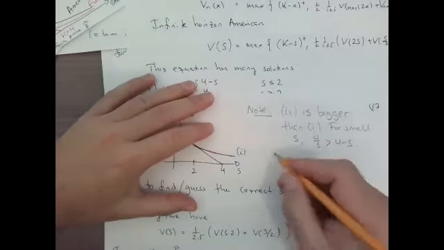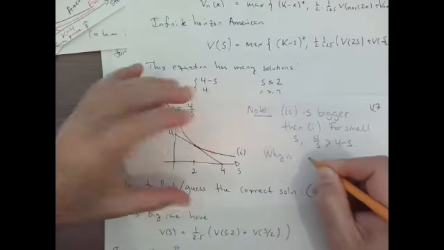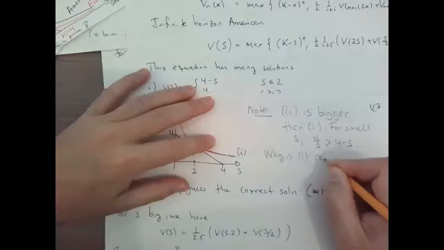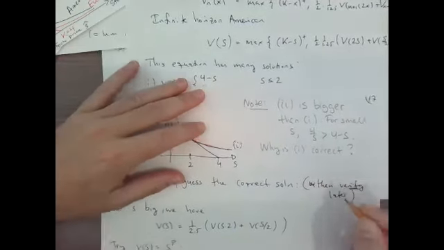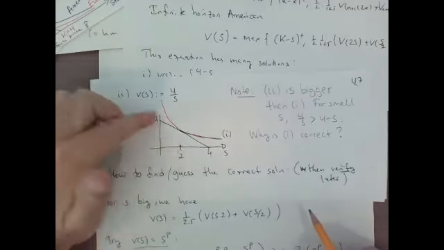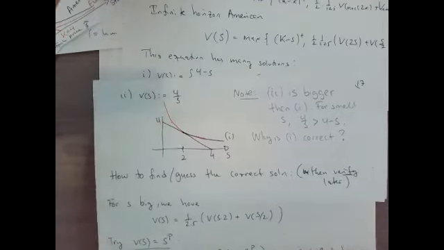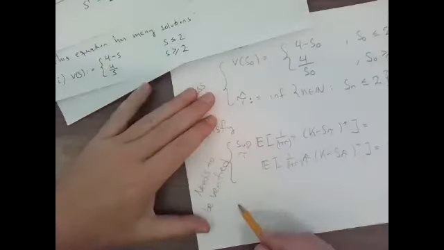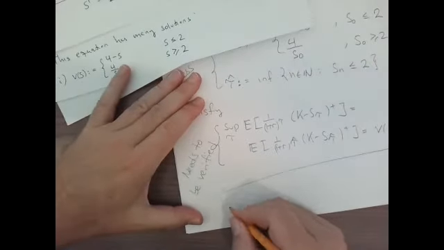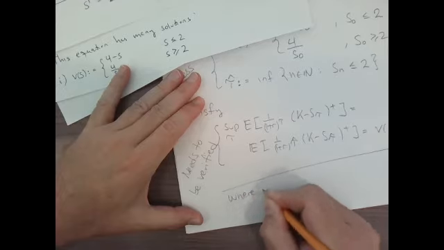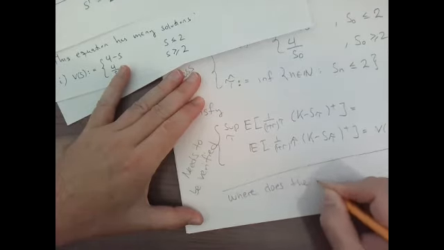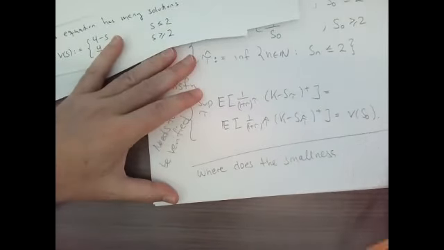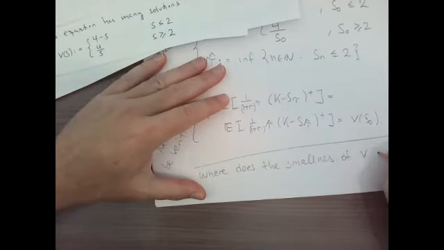So why is the first one correct? There's somehow a smallness property. Where does this smallness property come from? This is just one question. Where does the smallness of V come from?